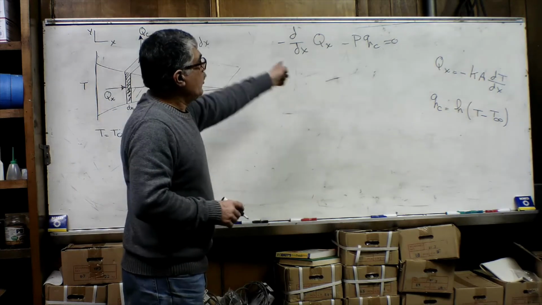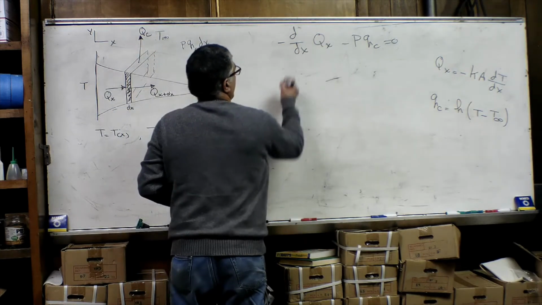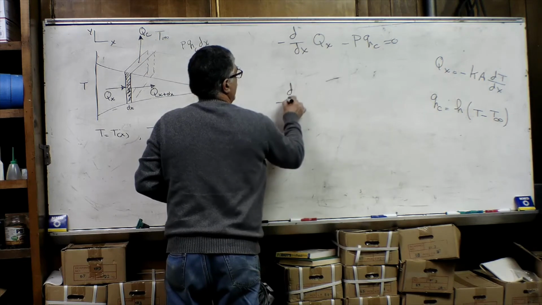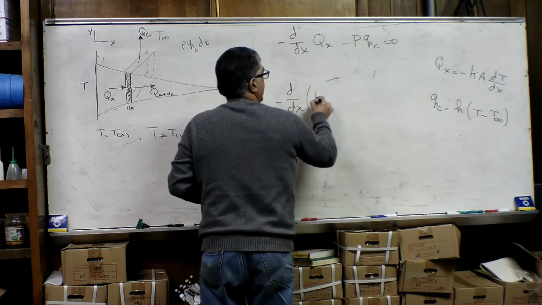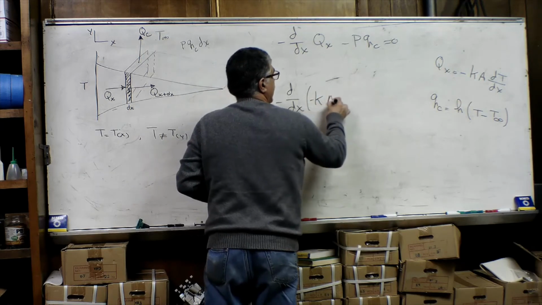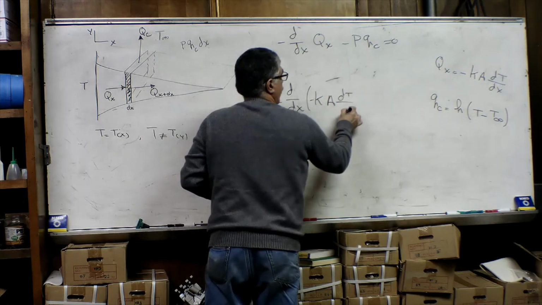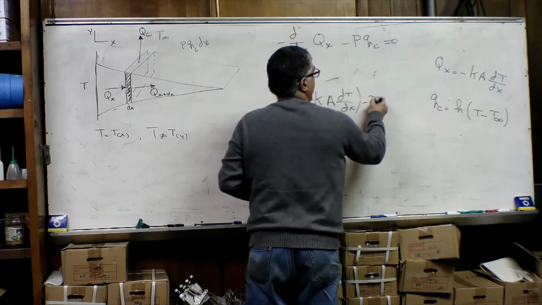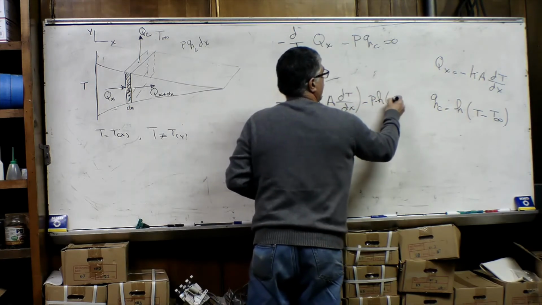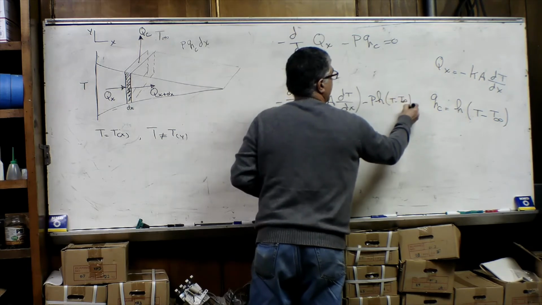So let's plug those values here. We are going to have minus d over dx times minus kA dT over dx minus Ph times T minus T infinity equal to 0.